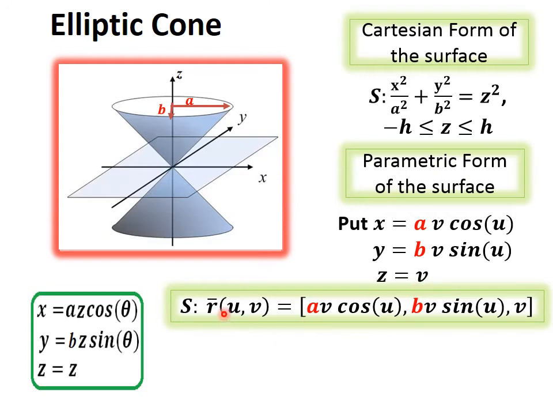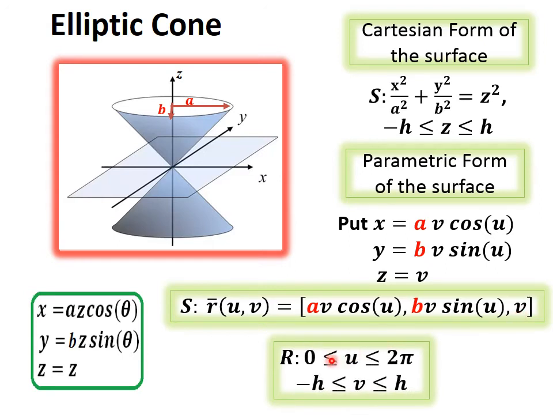So the parametric representation of the elliptic cone is r bar of u comma v equal to av cos u i cap plus bv sin u j cap plus v k cap. u varies from 0 to 2 pi, v varies from minus h to h because the given height of the cone is h.